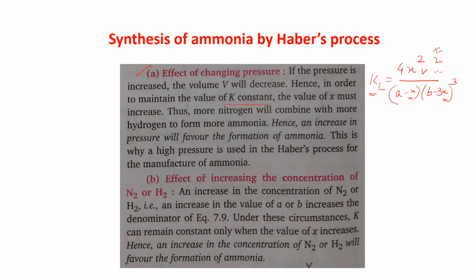Thus, more nitrogen will combine. The value of X must increase, no? So X is the number of moles of N2 combined with H2. So more nitrogen will combine with more hydrogen to form more ammonia. And that is why in Haber's process, an increase in pressure will favor the formation of ammonia. And that is why for this particular reaction, high pressure is required.